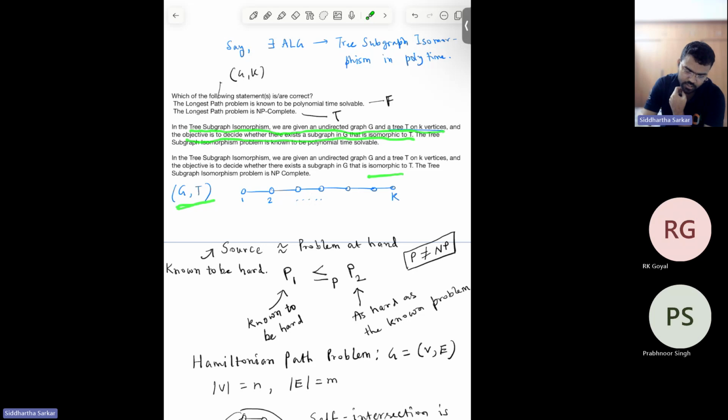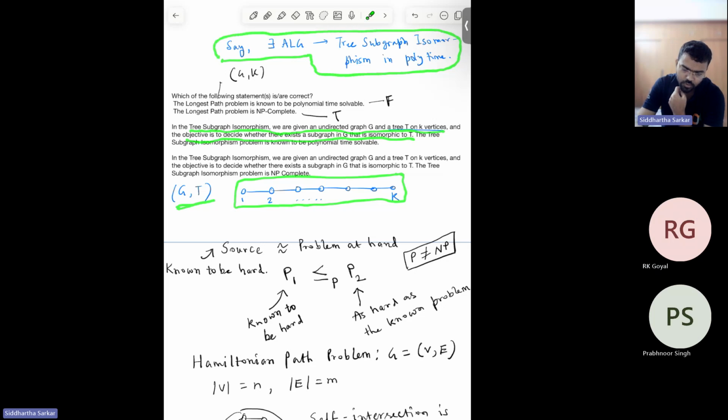Now I assumed that the T is nothing but a path on k vertices. And I also assumed that there is, in fact, an algorithm ALG that can tell me, irrespective of what T is, whether there is an isomorphic copy of T in my graph as a subgraph.